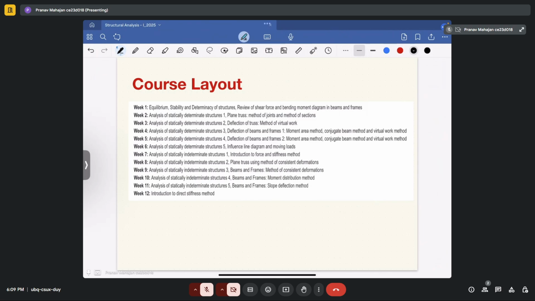After that, we have seen the impact of moving loads on beams, or you can say bridges, or any structure in which a moving load is about to occur.